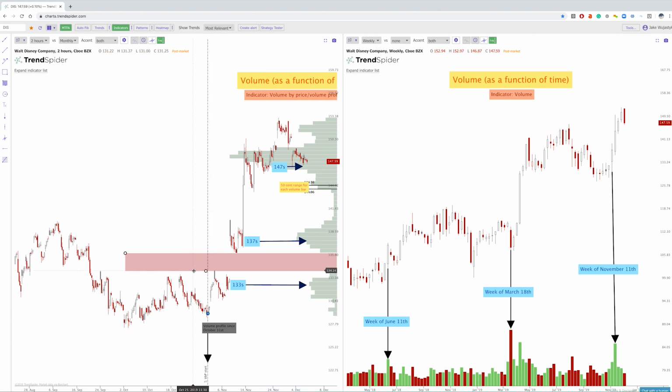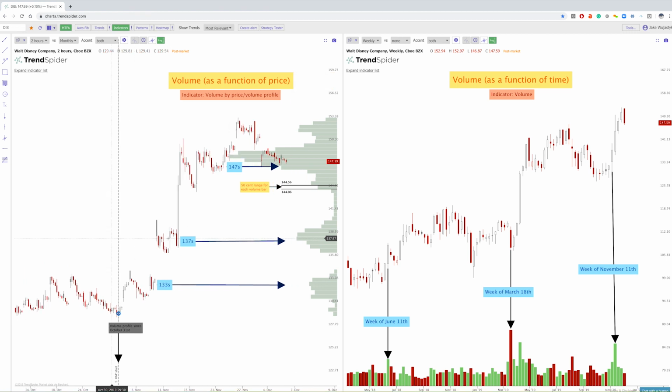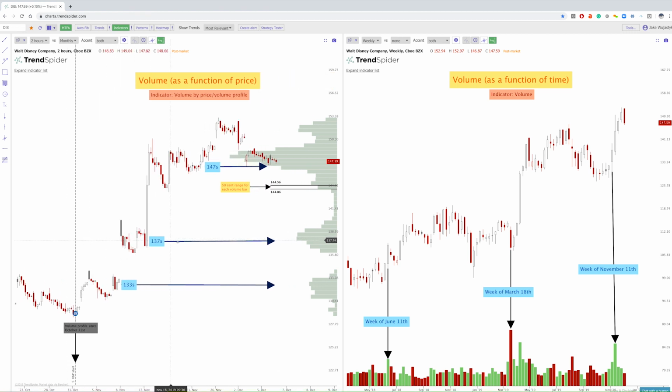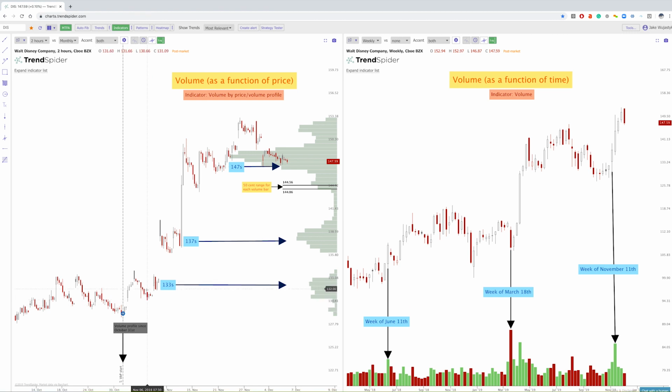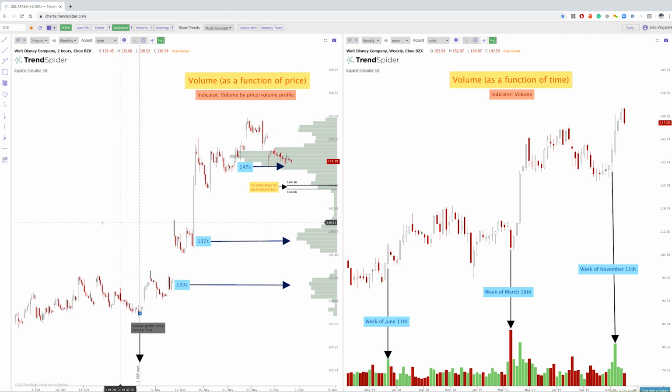So anchoring is really important. It can really be used in many different ways. The way that I personally have found some success anchoring is from a point where you're starting a trend, whether that's to the upside or the downside, or where you're reversing from a specific point.